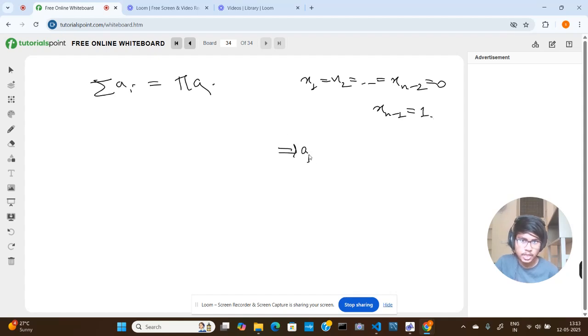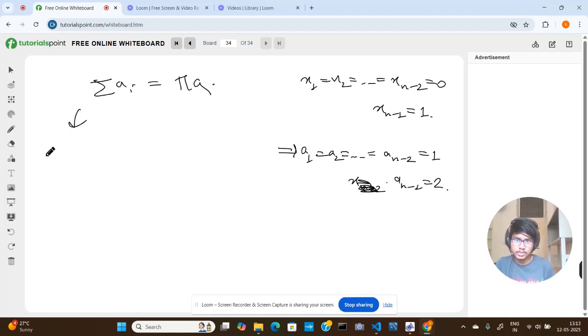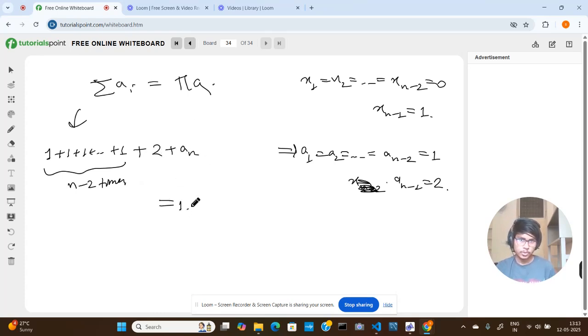This means a1 equal to a2 equal to so on up to an minus 2 equal to 1 and an minus 1 equal to 2. Let's try to find the sum. Sum will be 1 plus 1 so on, n minus 2 times, plus an minus 1 which is 2, plus an. Product will be 1 times 1 so on, n minus 2 times, times 2 times an.